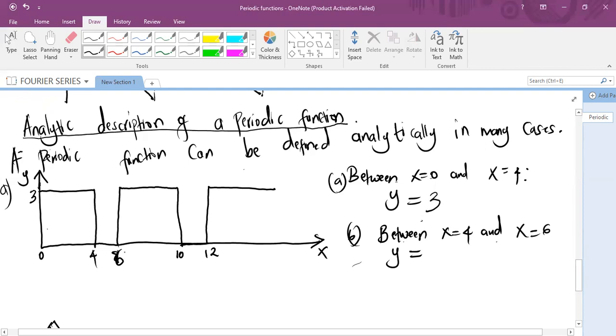Between x equal to 4 and x equal to 6, we have the value of y as what? We have the value of y as 0.